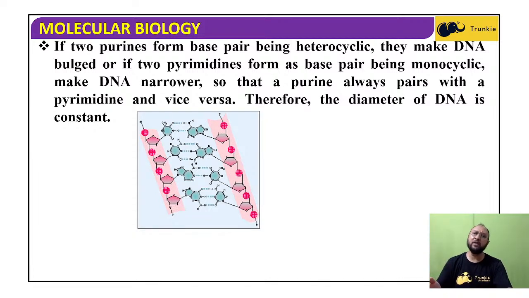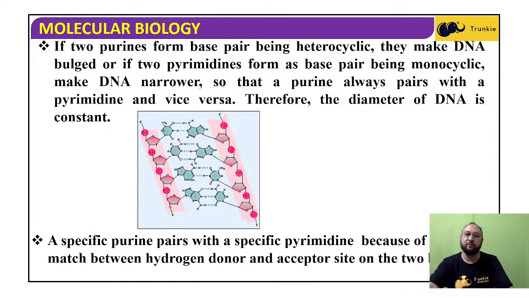Purine is heterocyclic, so two purines would make the DNA bulged, and two monocyclic pyrimidines would make it narrower, so the diameter is always constant.